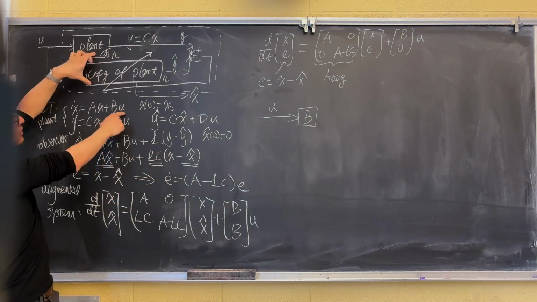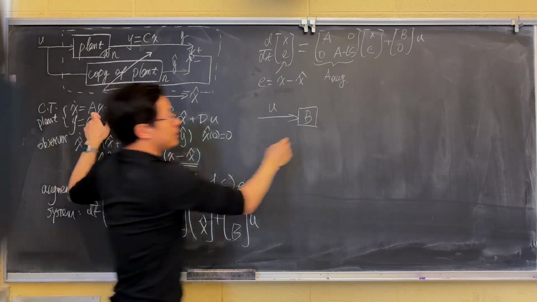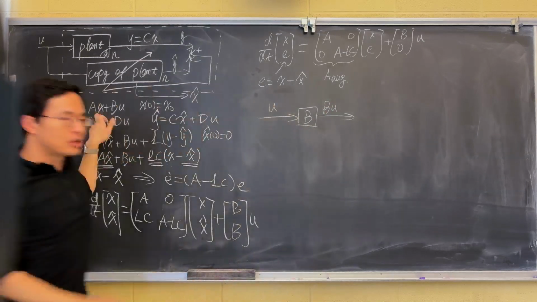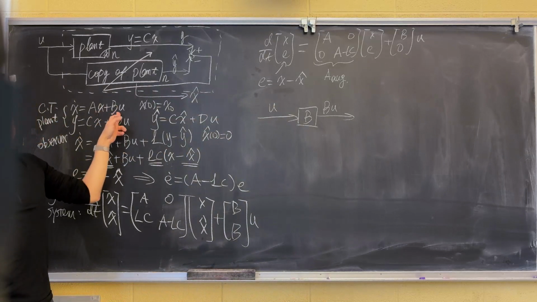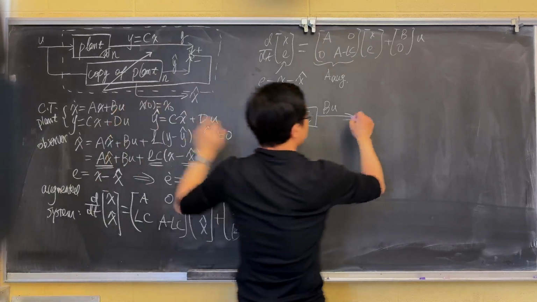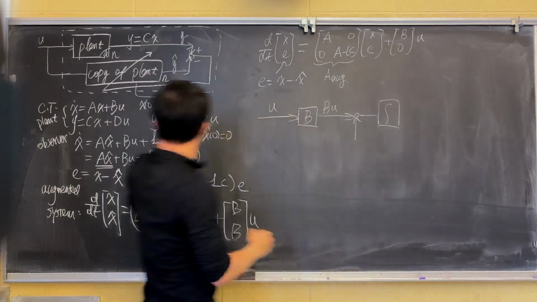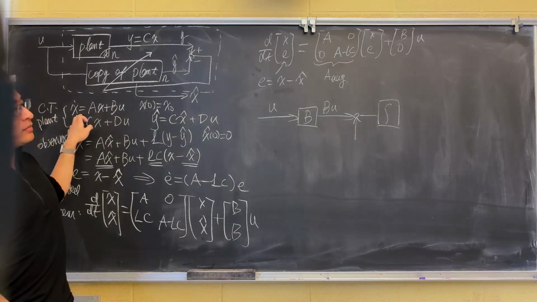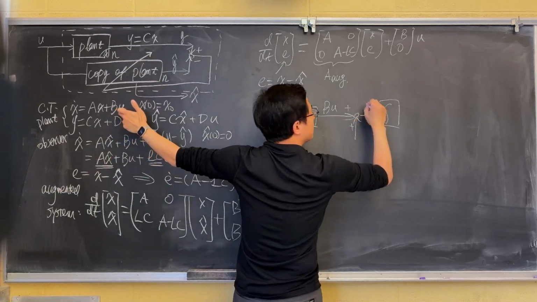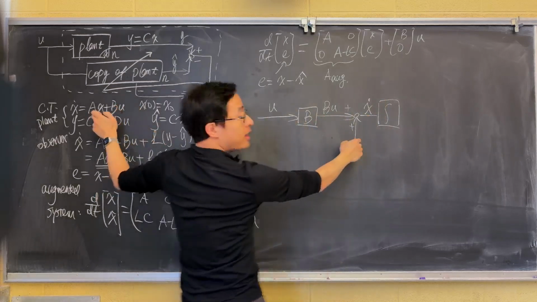For this plant, we know how to write this state equation in a block diagram. So we have the control input U first goes through the B matrix, becomes BU, and then we have x dot equals BU plus AX.